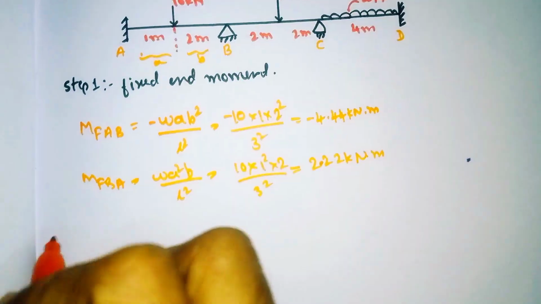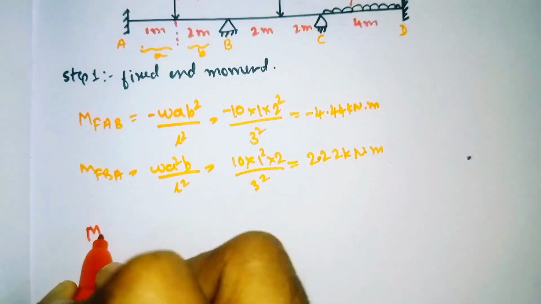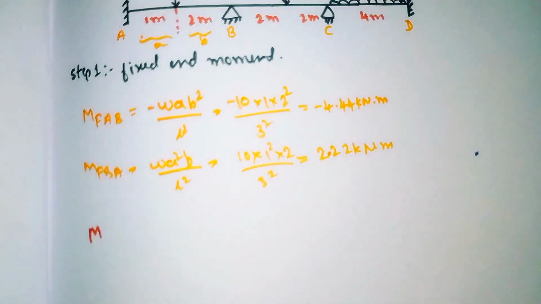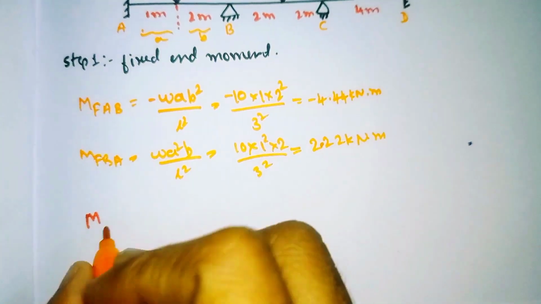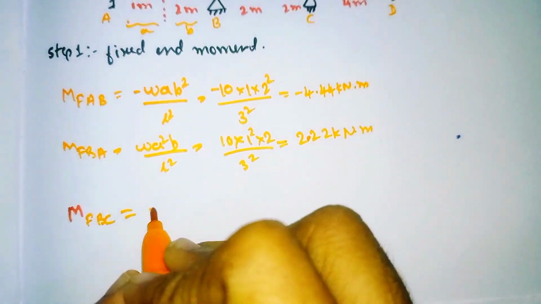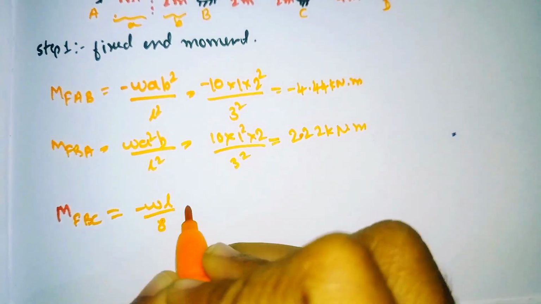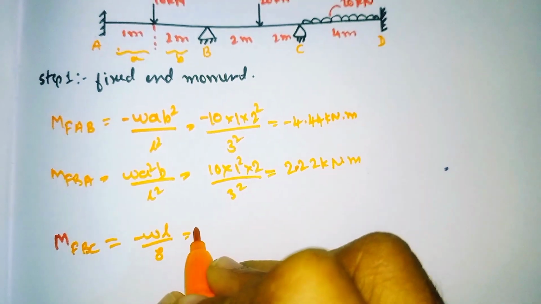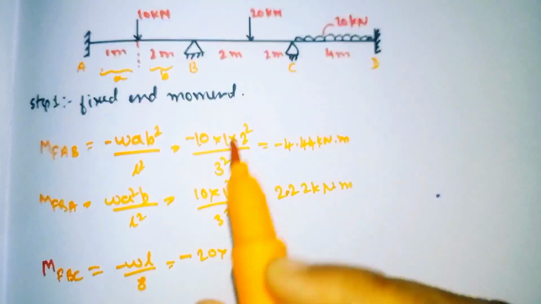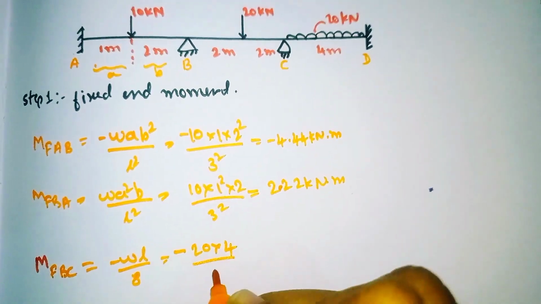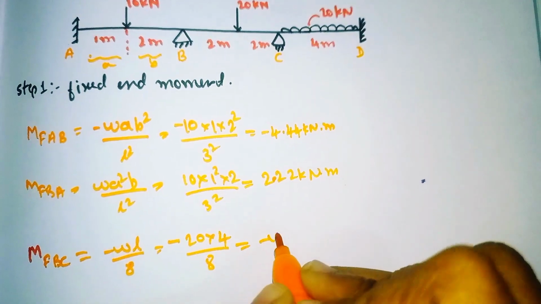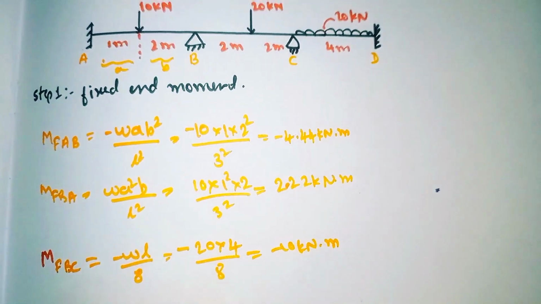So MFBC is equal to minus WL divided by 8: minus load 20, L is 2 plus 2, 4, divided by 8. By simplifying it will come out as minus 10 kilonewton meter.